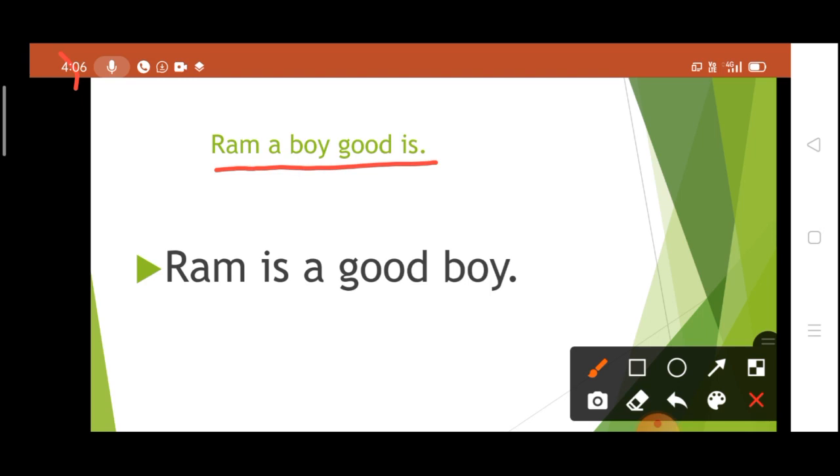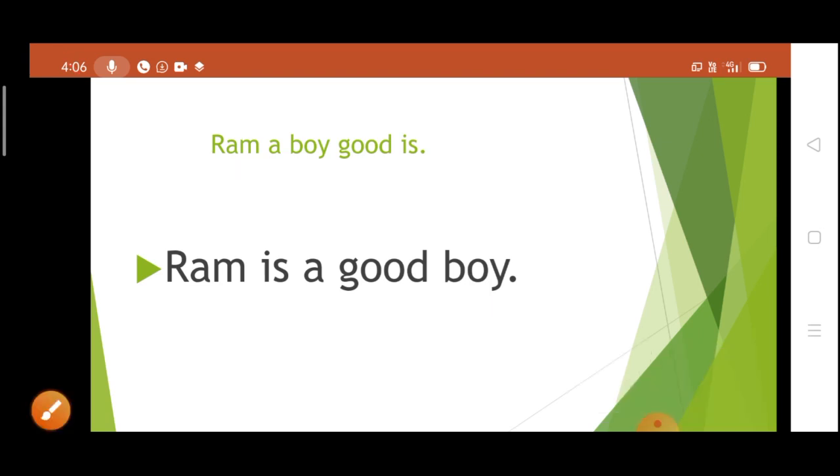But if these words are arranged properly, like "Ram is a good boy," then we can understand it. It gives a complete sense that Ram is a good boy. So this is called a sentence.